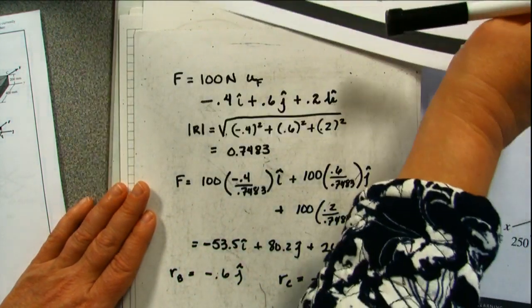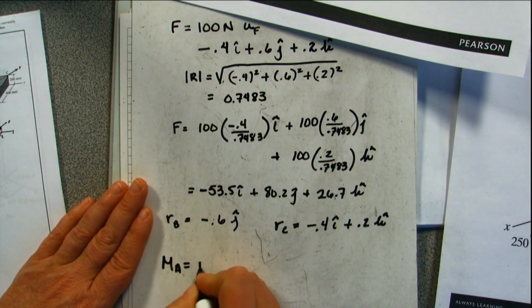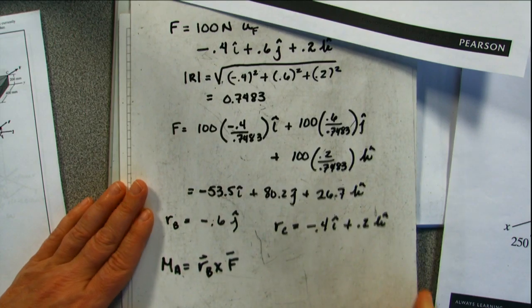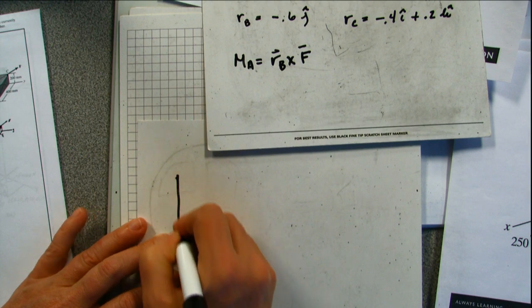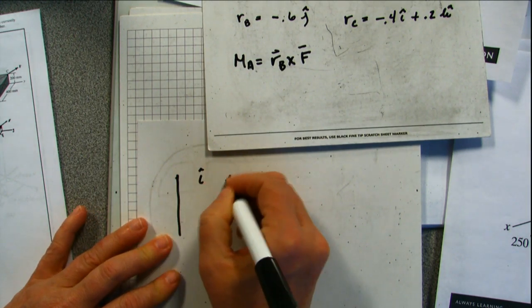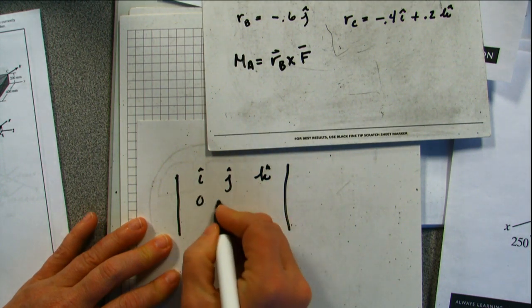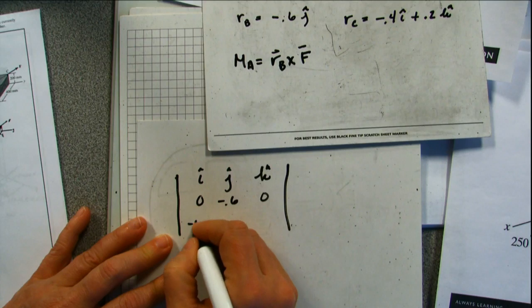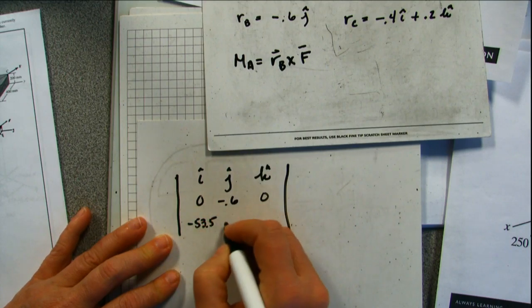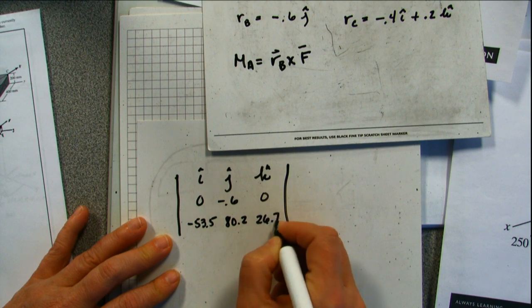So if I want to do the moment at A using RB cross F, that's just going to be i, j, k; 0, minus 0.6, 0; and minus 53.5, 80.2, 26.7.